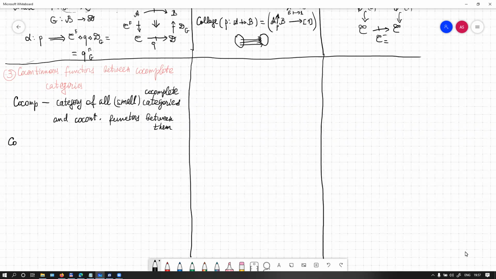We also can write Cocont from A to B as a category of all co-continuous functors between co-complete A and B.